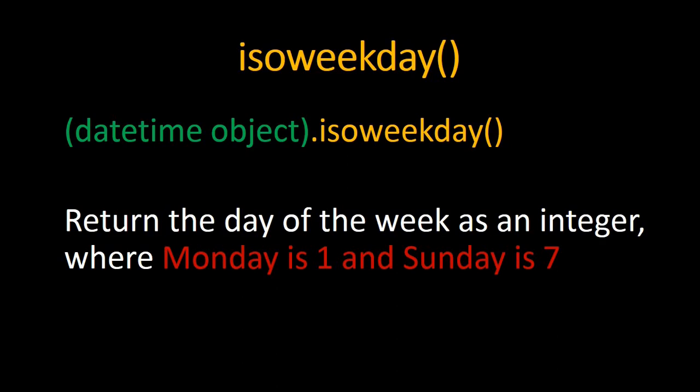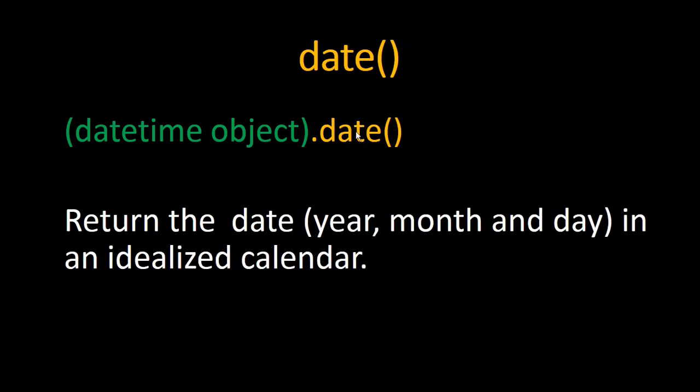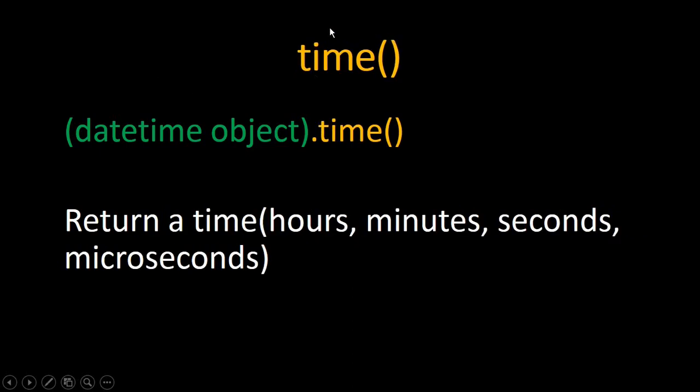And now we have two functions presented only in datetime objects: date, that returns the date, year, month, and day in an idealized calendar. It just gives you the date without the time, and another function which just gives you the time without the date. And with all that, let's try all what we've talked about now.